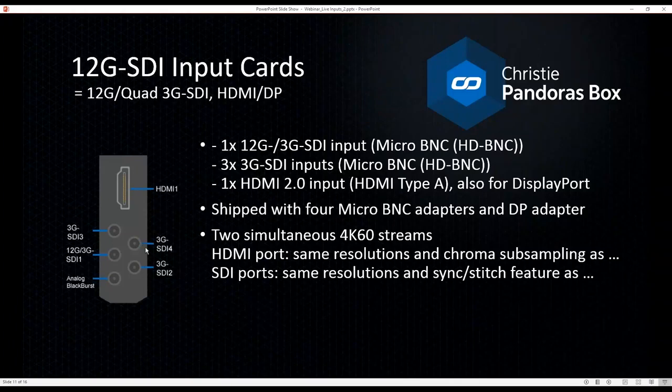The second 4K stream can be input through the SDI part. So either you have one 12G signal or you have 4 3G signals that can be stitched together using our synchronization feature. Here the same resolutions and the described features apply just as we have seen with the quad 3G SDI card.